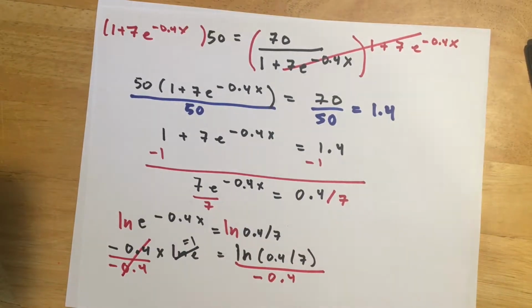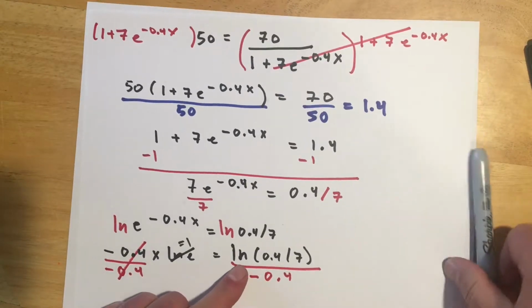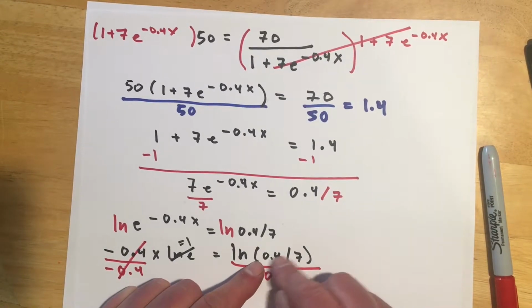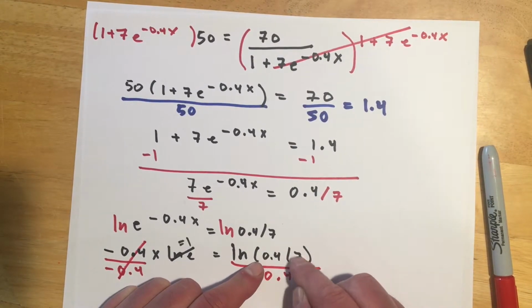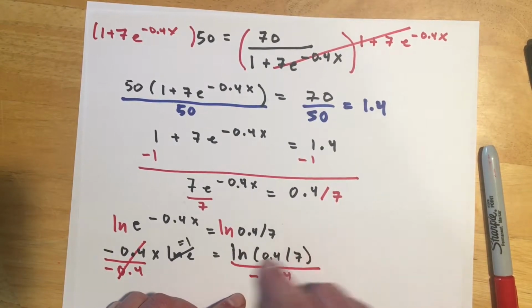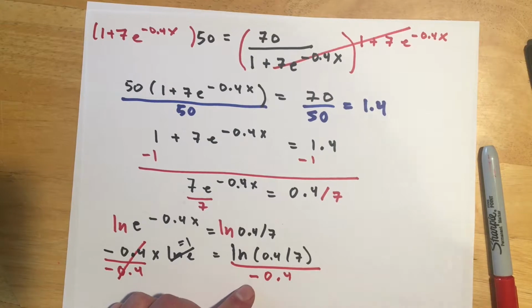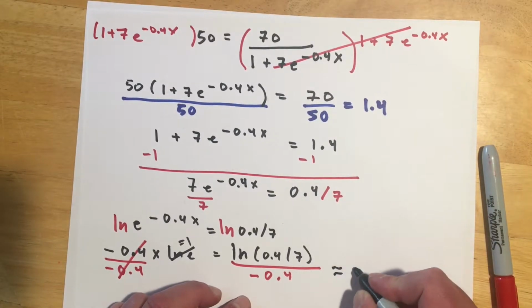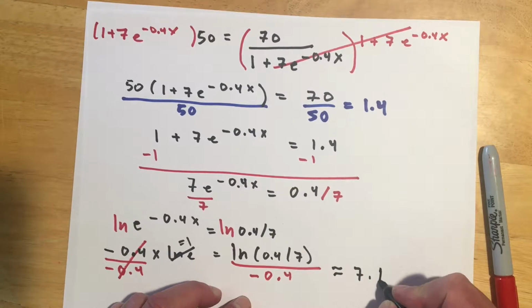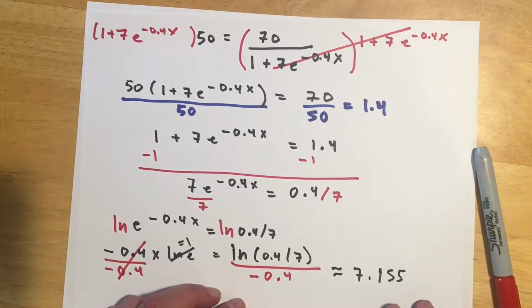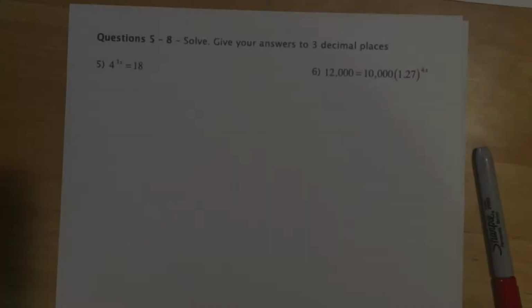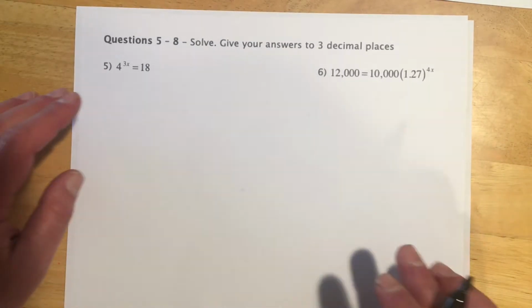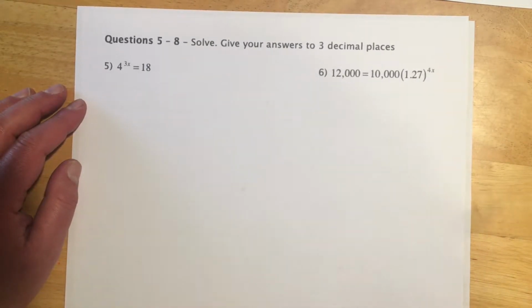So that drops out. So now we have x equals natural log of whatever this decimal 0.4 divided by 7 is, and then divided by this. And what I got was x came out to about 7.155 to 3 decimals.